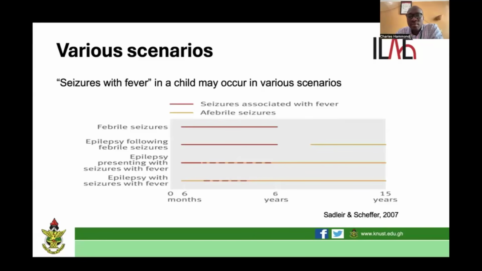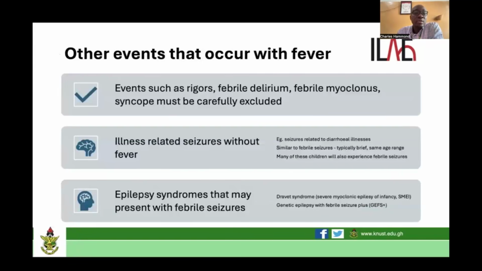But beyond 6 months, they continue to have afebrile seizures. And then there is also the fifth category, not represented on this diagram, which will be patients who continue to have fever with seizures even beyond the cutoff age of 6 years.